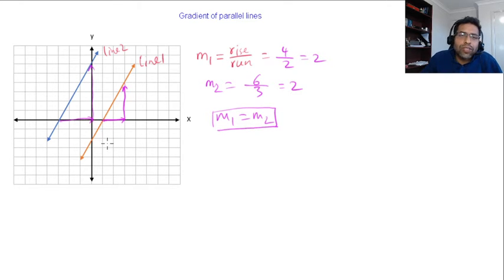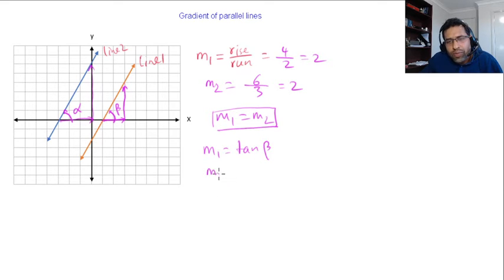And we can see this in another way. Let's say the angle created by the x-axis for the first line is alpha, and the angle created by the x-axis for the second line is beta. Now what is the gradient? m1 is tan of beta, right?